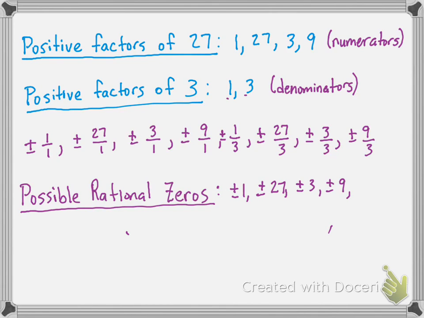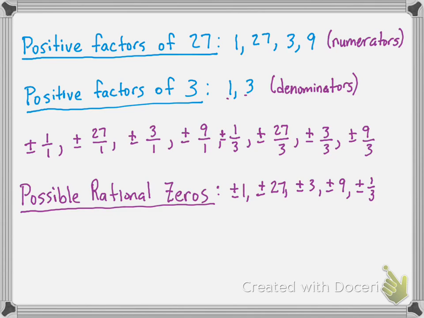Then we have positive or negative 1/3, which won't simplify. Then we have positive or negative 27 over 3, which is 9. We've already got that listed. And then positive or negative 3 over 3, which is 1. We already have that listed. And then positive or negative 9 divided by 3, which is 3, and we already have that listed. Right? So this is our list of possible rational zeros.